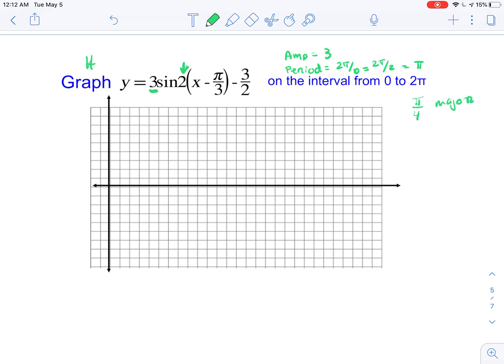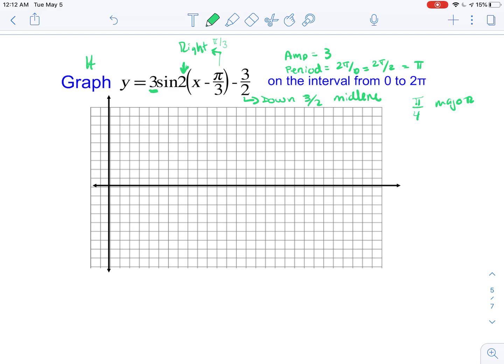I need my axis, what I'm going to label my axis with, so that's taking pi and dividing it by 4, right? So every major point is going to happen at pi over 4 units, okay? I'm going to have a shift down of 3 over 2 units, which means my midline is at negative 3 over 2.